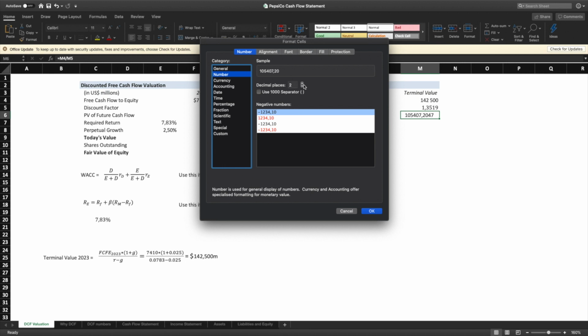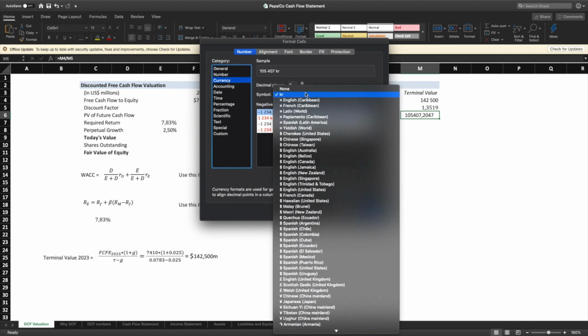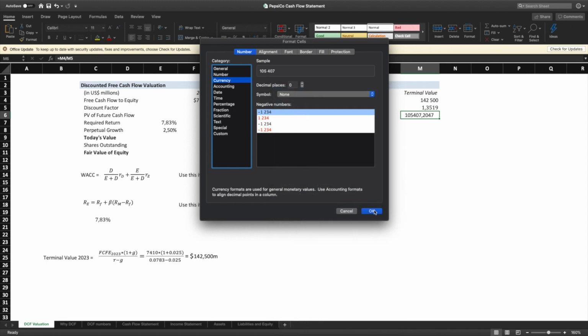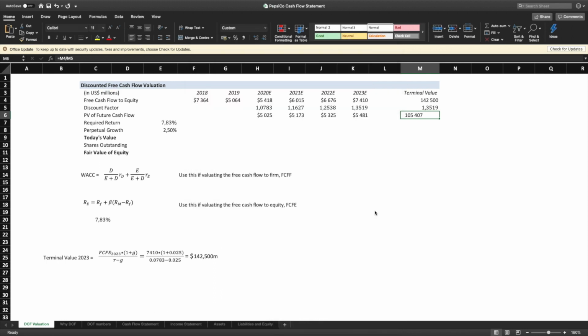I'll go into number, I'll remove the decimal places, or actually currency, sorry. I don't want any symbol there. All right, looks much better already. So this is the present value of the future cash flow.